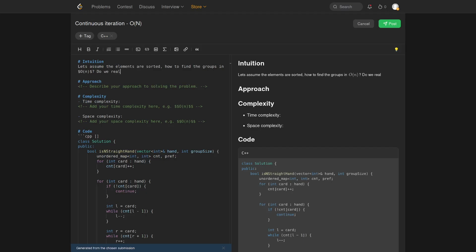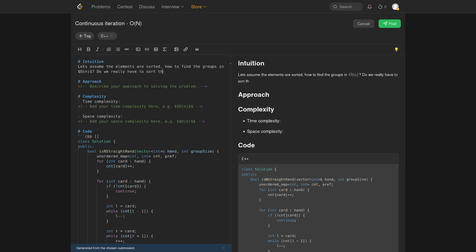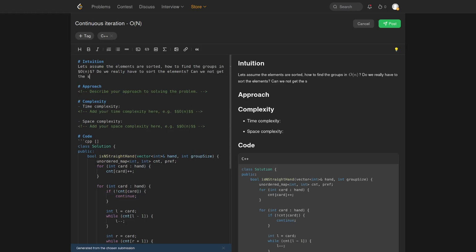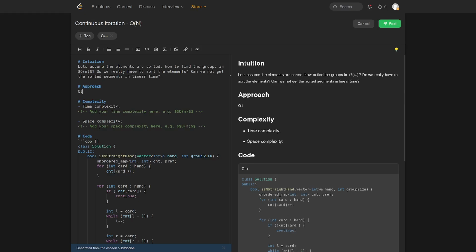Okay, do we really have to sort the elements? Can we not get the sorted order in linear time? So question 1 or answer 1. Oh, it's quite straightforward.